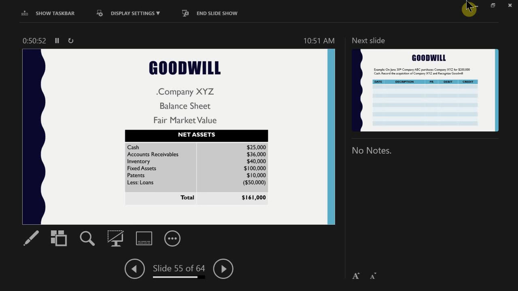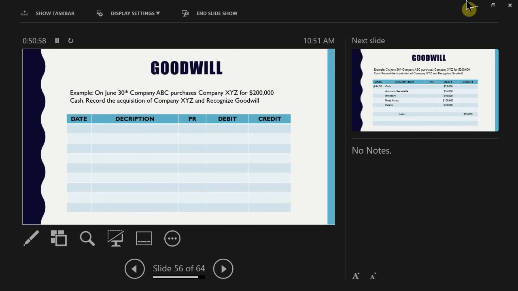Now I have to figure out how much my goodwill is going to be. Since I looked at the fair market value of all the assets, company ABC said, I'll purchase the business XYZ for $200,000. If I purchase it for $200,000, this is what's going to happen.